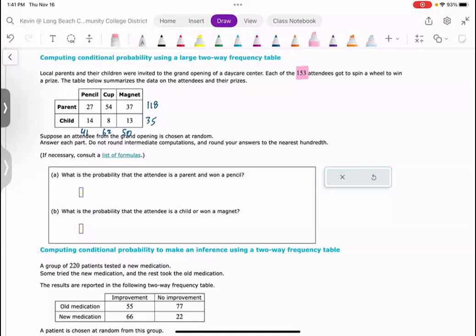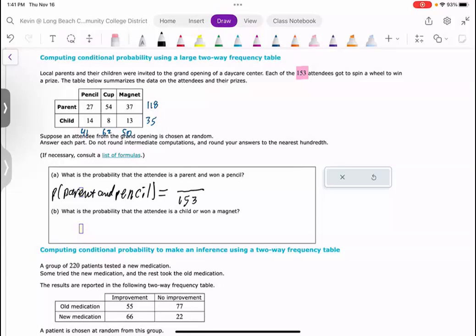Okay, here we go. Part 1, what is the probability that the attendee is a parent and won a pencil? Probability, parent and pencil. All right, so the denominator is going to be the 153.